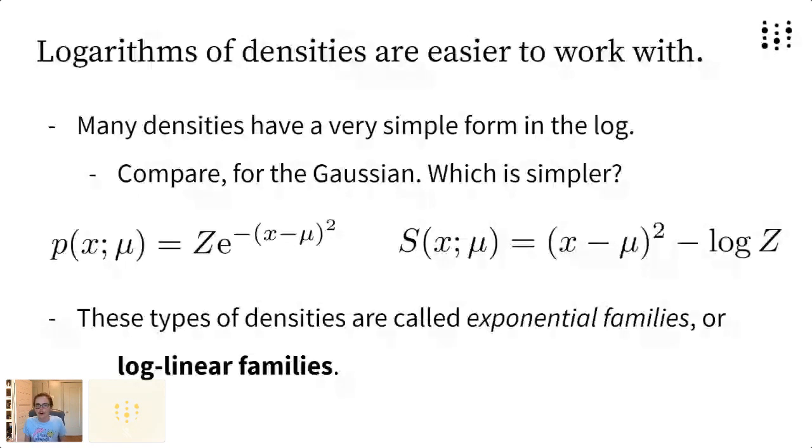If you look at variational autoencoders, there's going to be lots of pieces of them that use these exponential or log linear families. They happen to be the class of densities that we can do math easily with. And that allows us to do machine learning, create algorithms with these densities. And they'll be easier to understand, easier to think about in a lot of cases if you look at them with their logarithms.